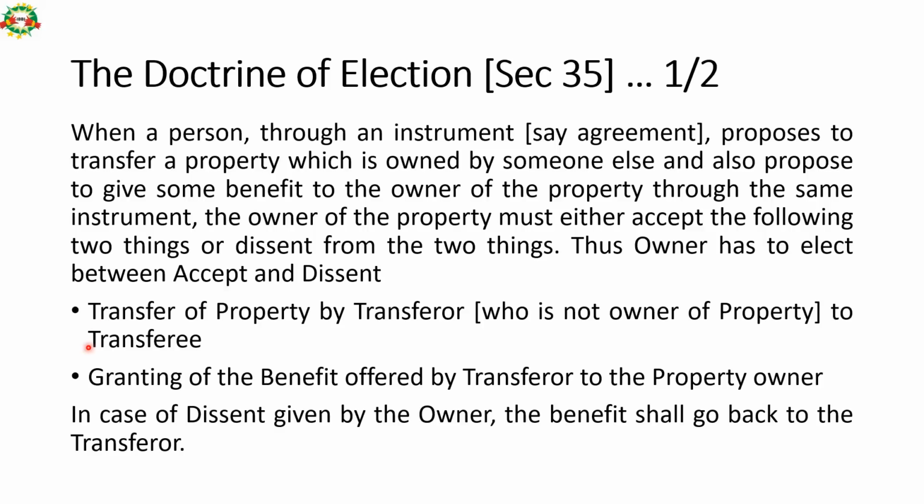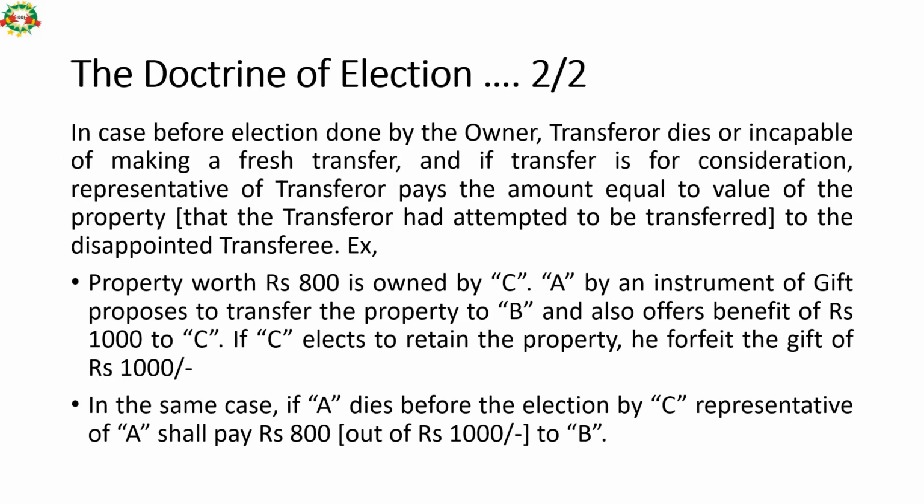So, transfer of property by a transferor who is not the owner of the property to the transferee, and granting of benefit offered by the transferor to the property owner. In case of dissent given by the owner, the benefit shall go back to the transferor.